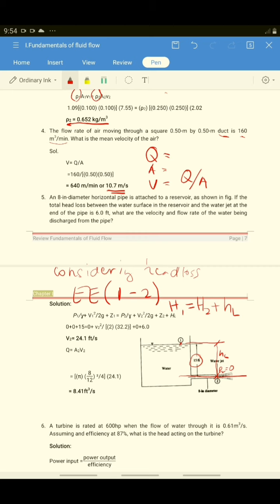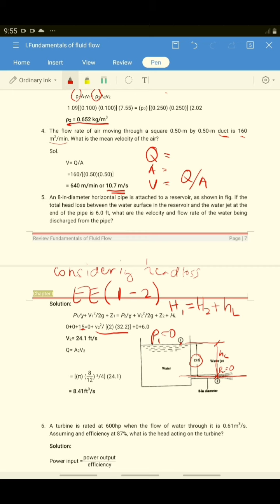The pressure head at section 1 is equal to 0, and the pressure at section 2 is also equal to 0. So what you have is only the elevation head from the reference datum at section 1, and the velocity head at section 2 plus the head loss.